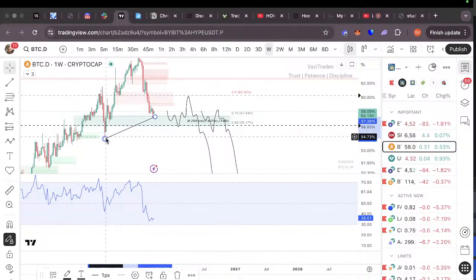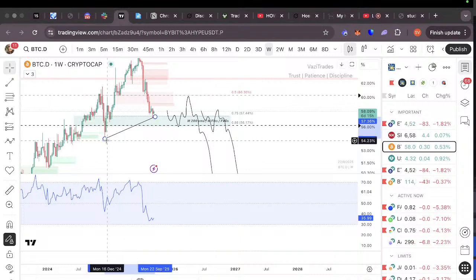So we can see that the previous low was here. Look at this date, December 9, right? This was the previous low, and it looks like Bitcoin dominance formed another low last week, September 8. This is a weekly candle, okay?